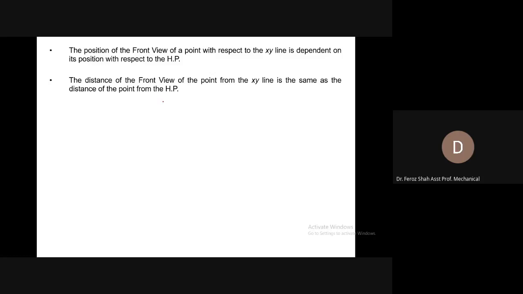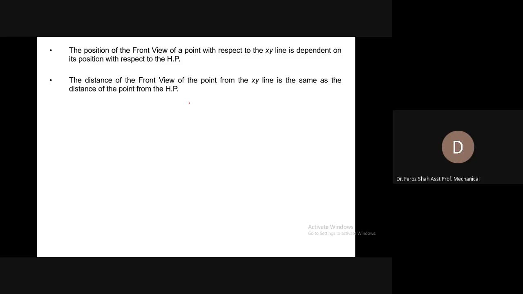xy reference line. The distance of the front view of the point from the xy line is the same as the distance of the point from the HP. It means that if, for example, the point is 10 millimeter above the horizontal plane, its front view will also be 10 millimeter above the XY reference line.